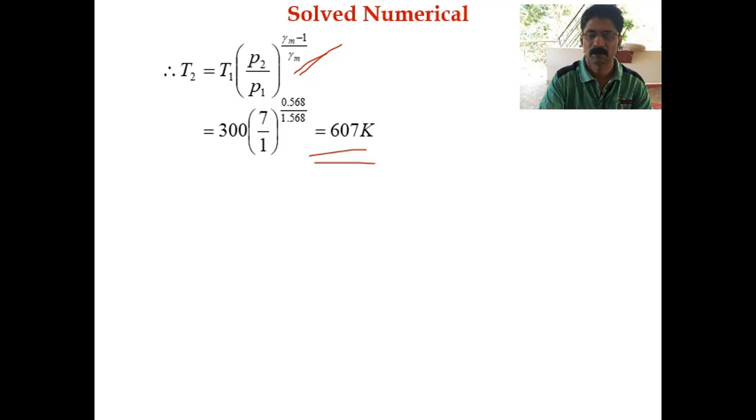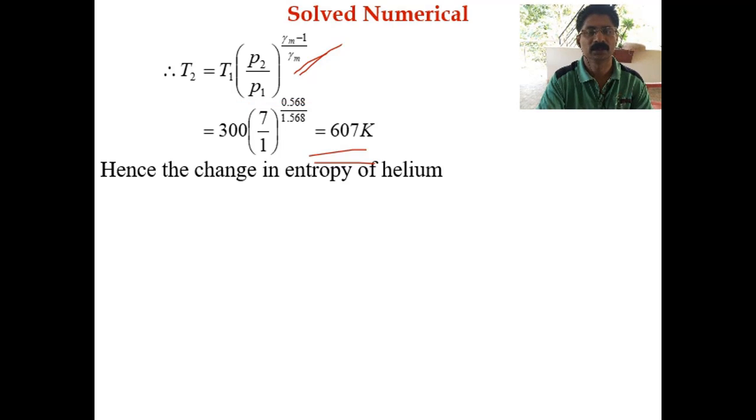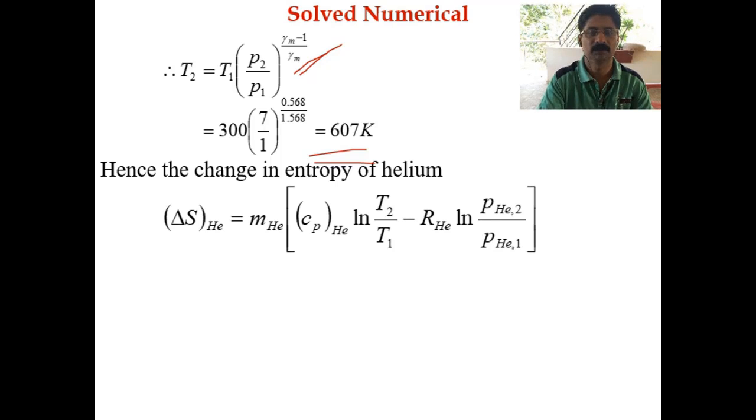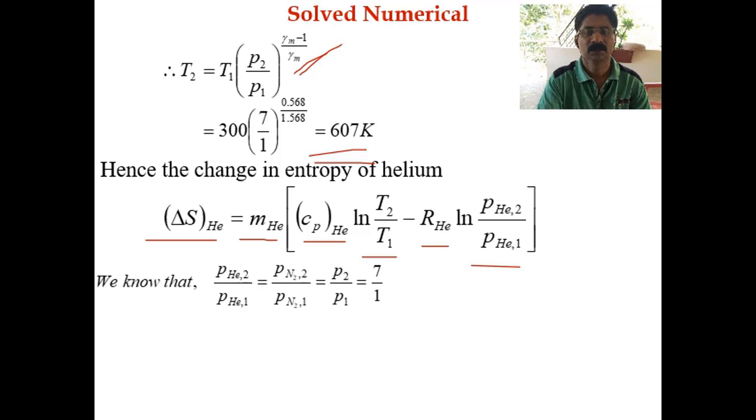Now the change in entropy of the helium, we have to calculate for individual gases. So delta S helium is equal to mass of helium into Cp helium into ln T2 by T1 minus R helium into ln of partial pressure of helium at state 2 by state 1, and here pHe2 by pHe1 is nothing but P2 by P1, which is 7 by 1.